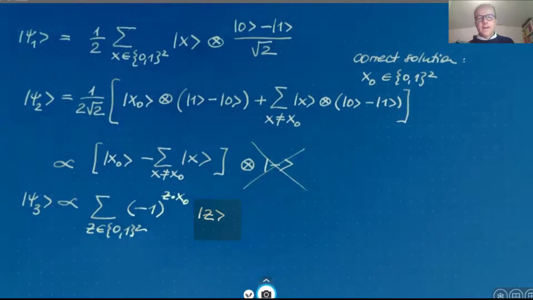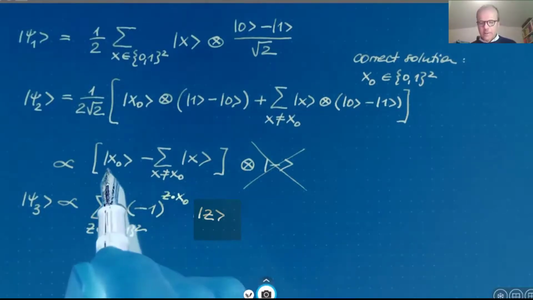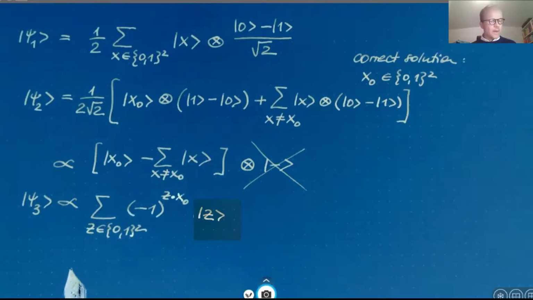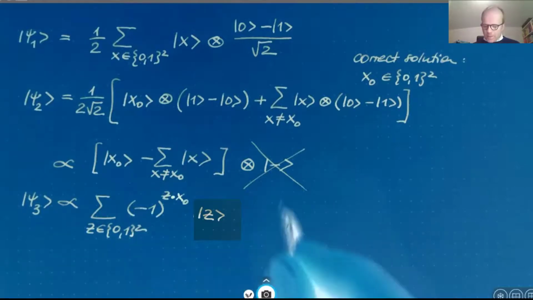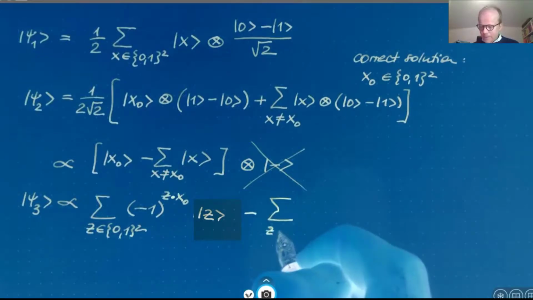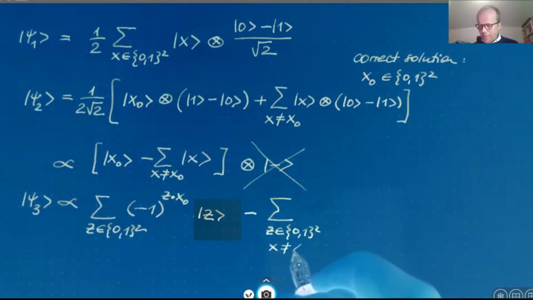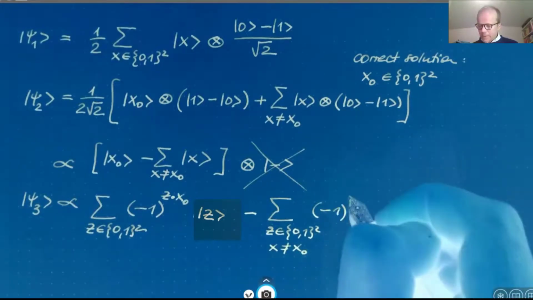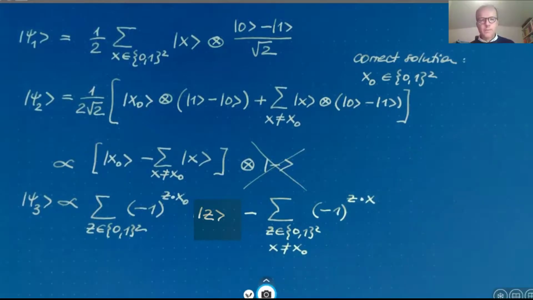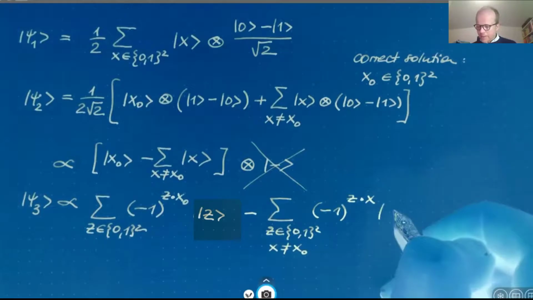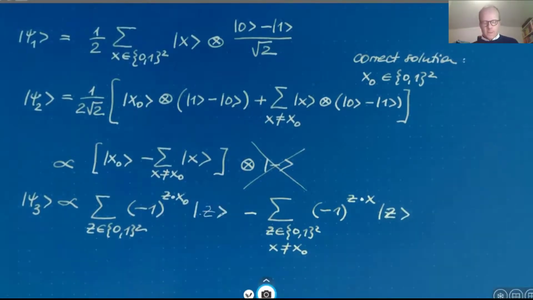So this is the action of the Hadamard gates on x0, and we have the same also for all the other x's. So we have a sum again over z, and x different from the correct solution, with minus 1 to the power of the scalar product, bitwise mod 2, of z with x, and then basis state z.